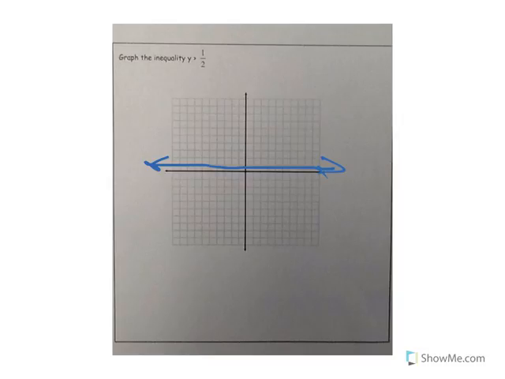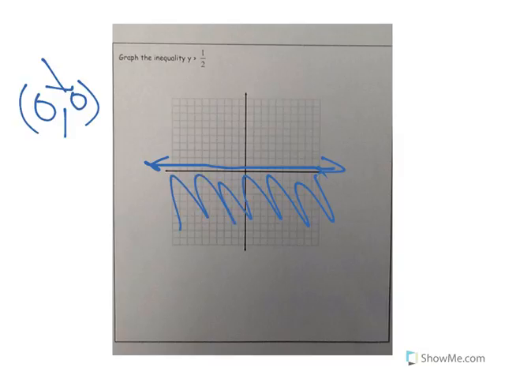It sort of threw me for a loop because when I test the 0, 0 point, I just plug in 0 for the y coordinate. And when I do that, that is not a true statement. And so everything under here is not true.